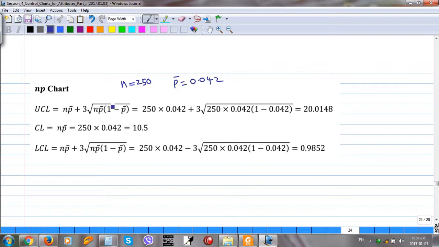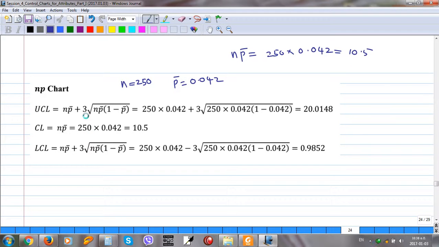If those two values are enough, then n p bar we can find as 250 multiplied by 0.042, that is 10.5. This is the center line.